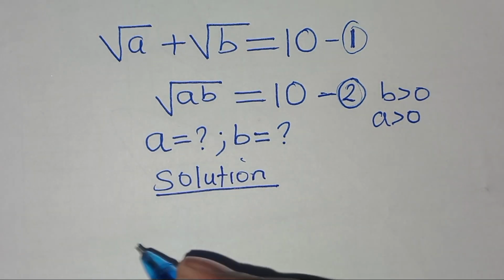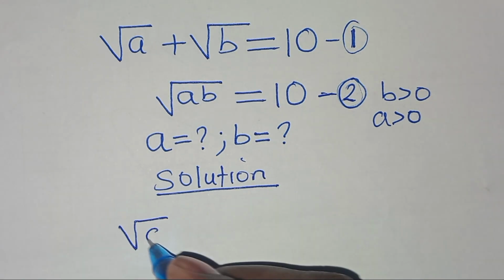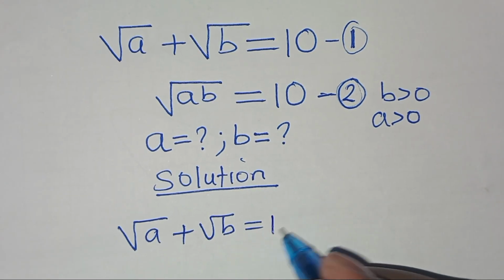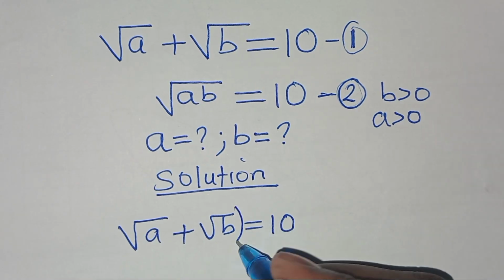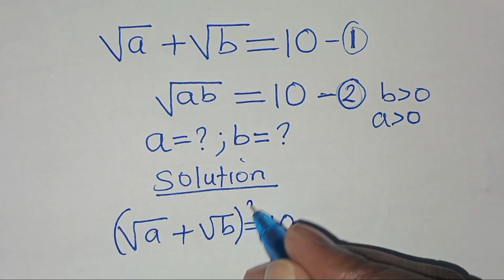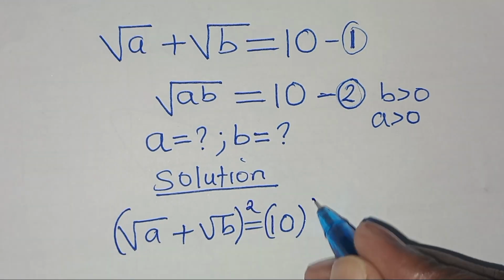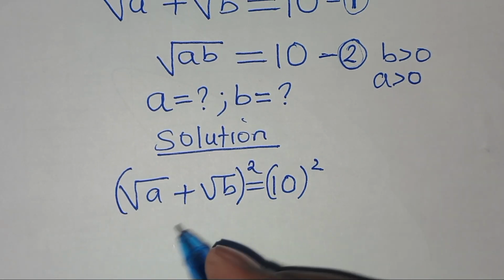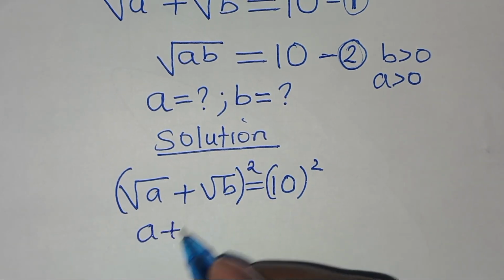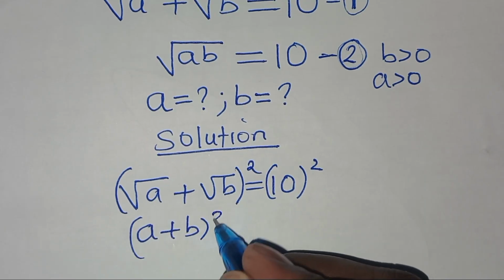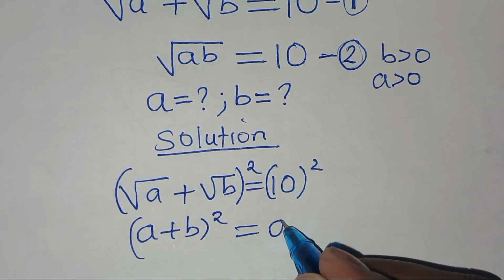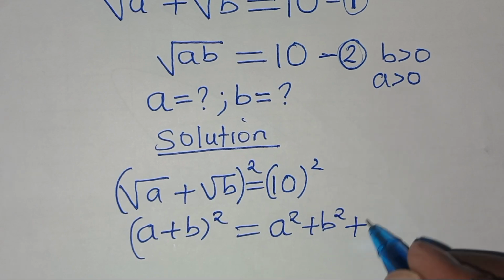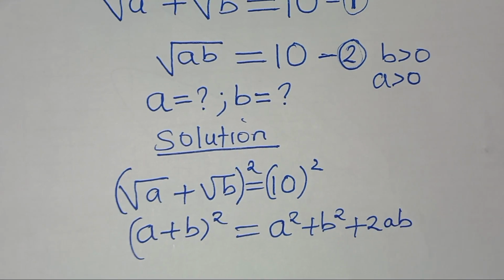Now, from equation 1, which is the square root of a plus the square root of b, which is equal to 10, the first step is to square both sides. So now, (square root of a plus square root of b) squared is in the form of (a plus b) squared, which we can express as a squared plus b squared plus 2 times ab.